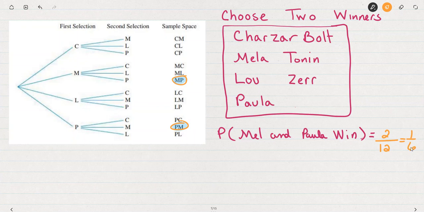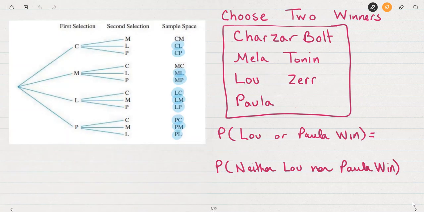And as we found earlier, when we divide 1 divided by 6, we get 0.16 with the 6 repeating. So if I round that to 3 decimal places, I'd get 16.7%.